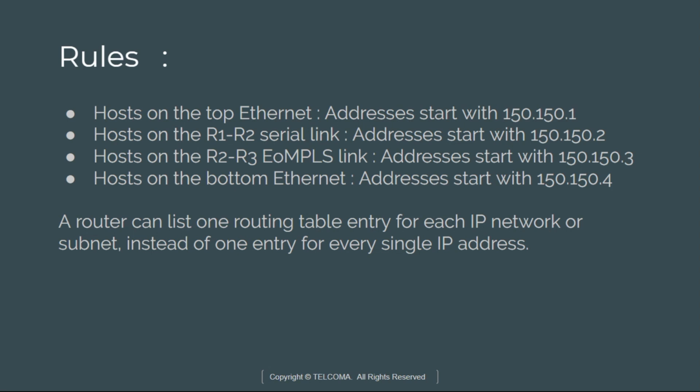As per the rules, hosts on the top Ethernet have addresses that start with 150.150.1. Hosts on the router 1, router 2 serial link start with 150.150.2. Hosts on the R2, R3 EoMPLS link start with 150.150.3. Hosts on the bottom Ethernet have addresses that start with 150.150.4.